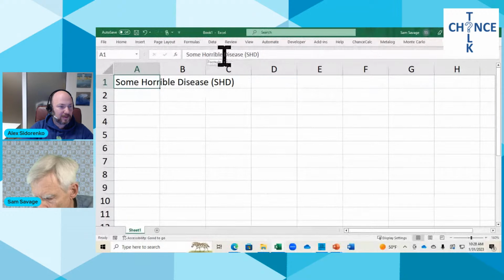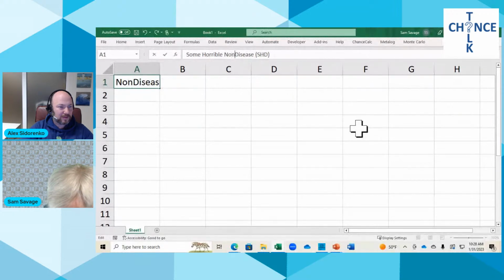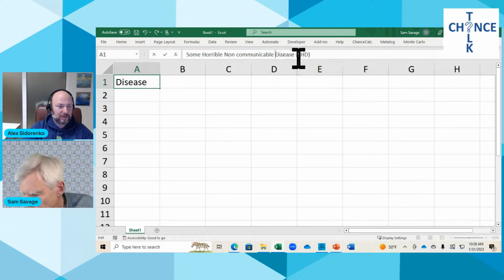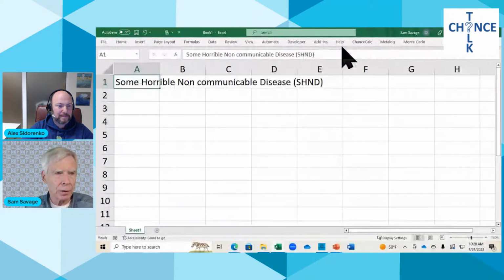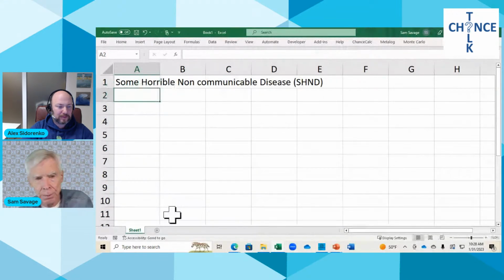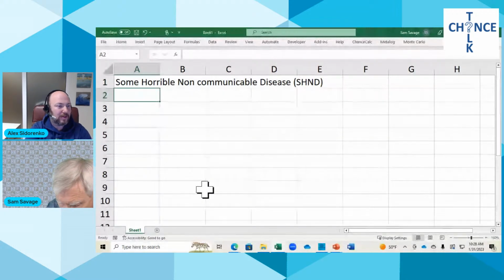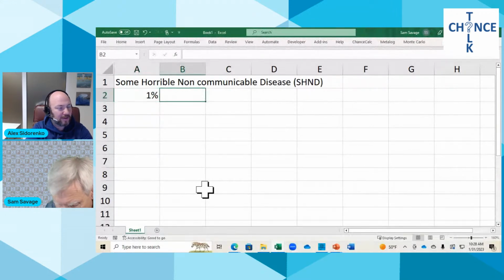Some horrible non-communicable disease. What's the chance I spelled it right and typed it right? So it's really SHND, the proper name for this disease. And I will tell you that it is 1% prevalent.